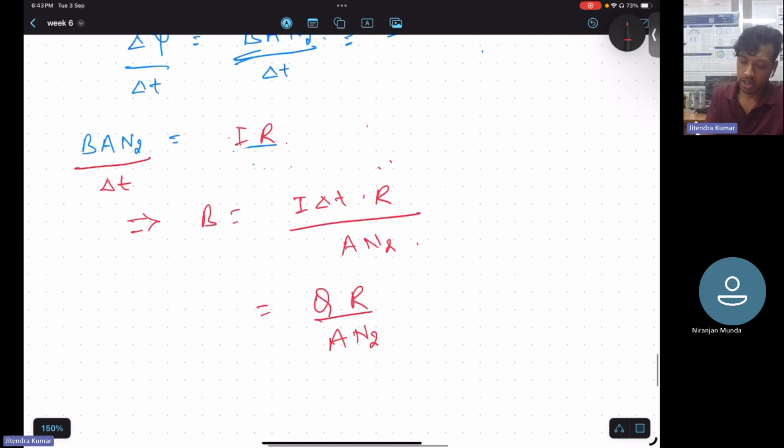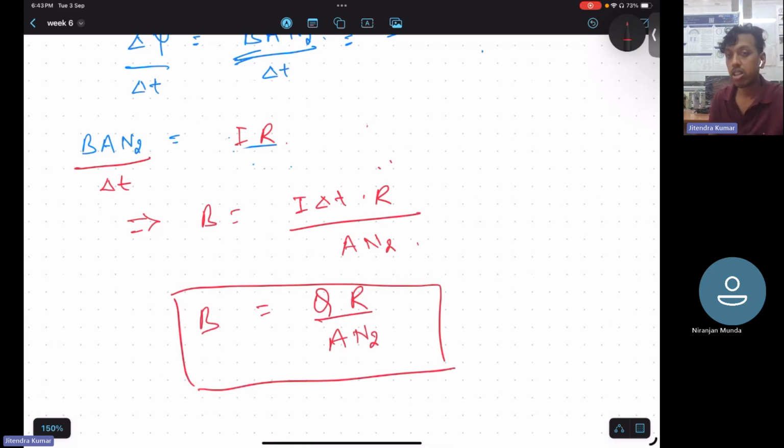So this is a very important expression of magnetic flux density in a ballistic galvanometer, which you will be asked quite frequently. Here Q is charge, R is resistance, A is your area, and N2 is the secondary number of turns.